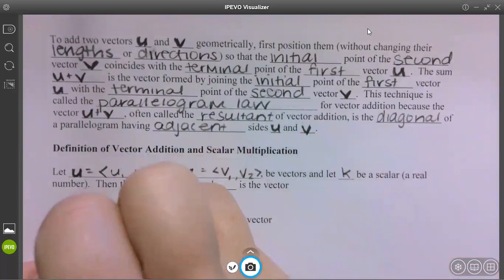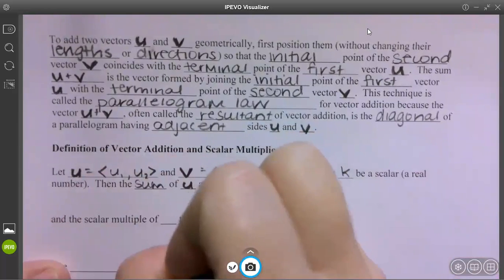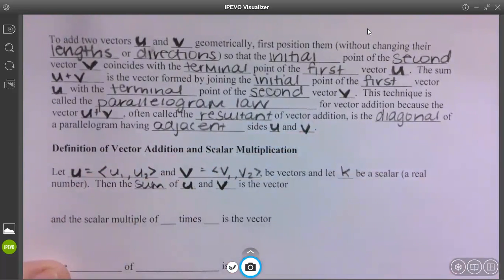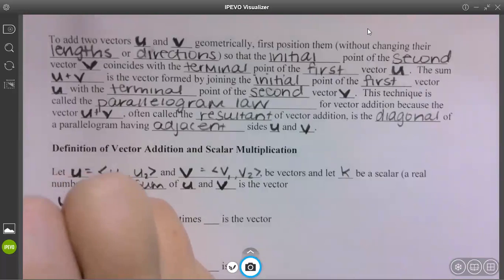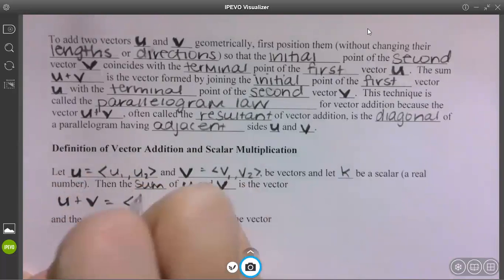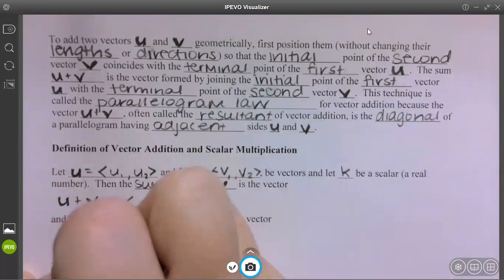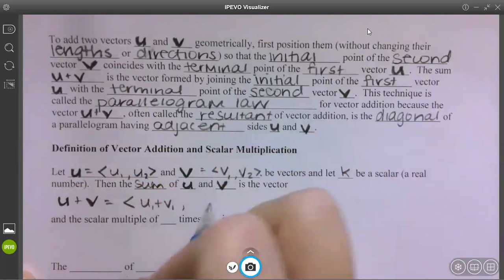Then the sum of u and v is the vector. So if we add u and v, we're going to do u1 plus v1 and u2 plus v2.